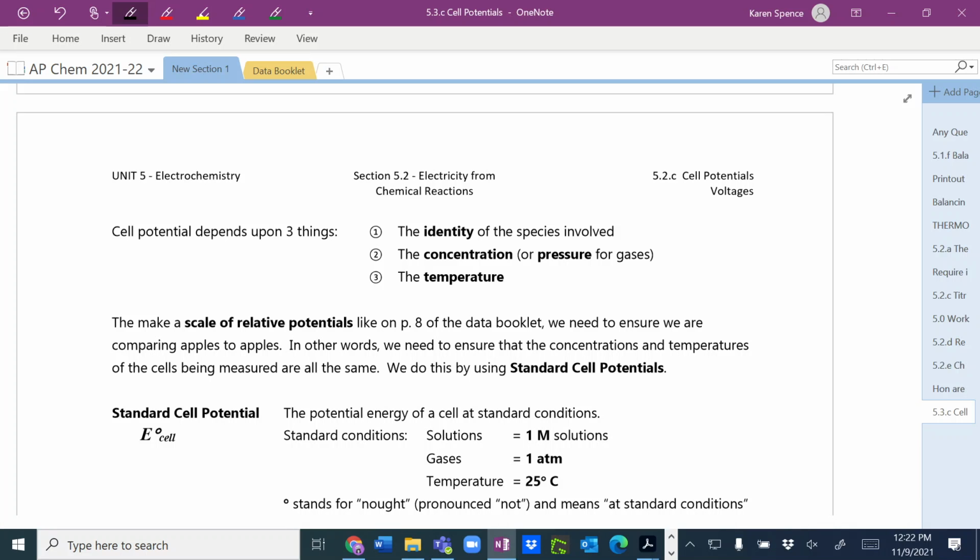And the potential also depends upon the temperature. We'll look at how those change the voltages later, but for now, we want to make all the temperatures and concentrations the same. Because otherwise, how could you compare one half cell to another if you had all different concentrations changing your voltage?